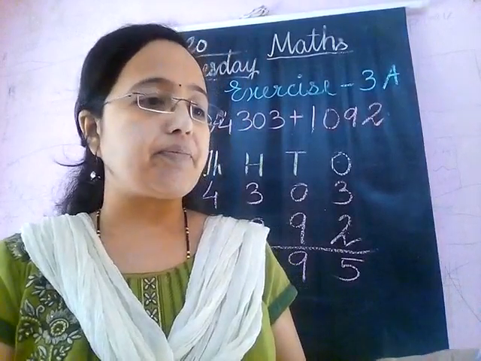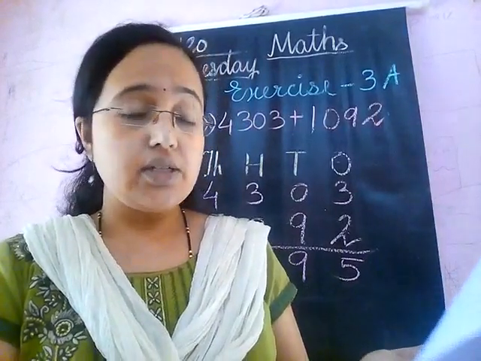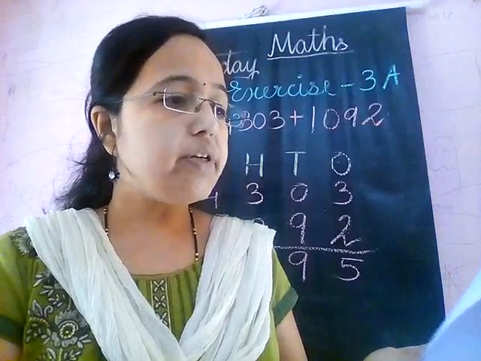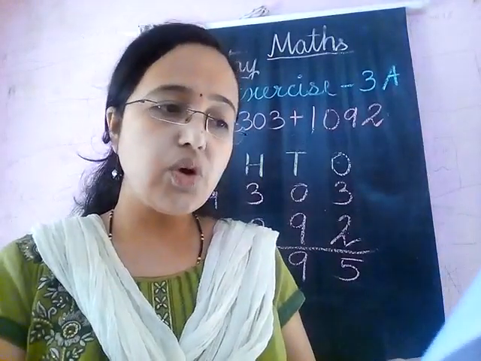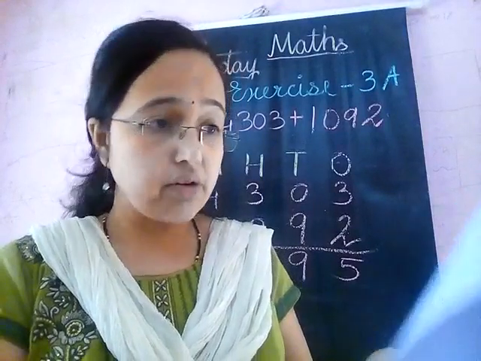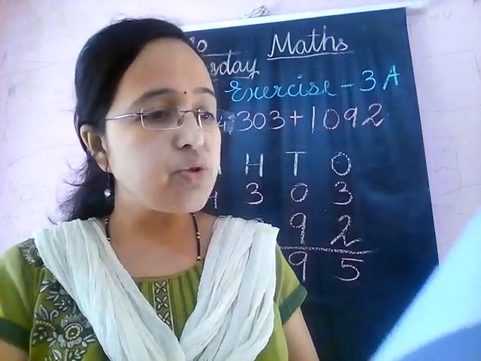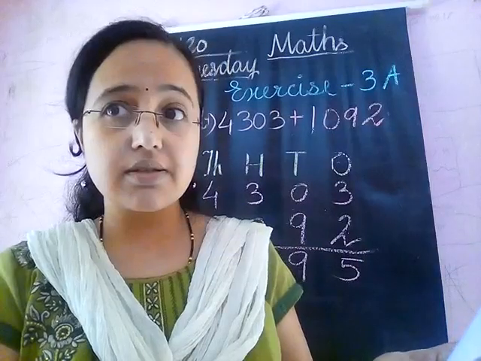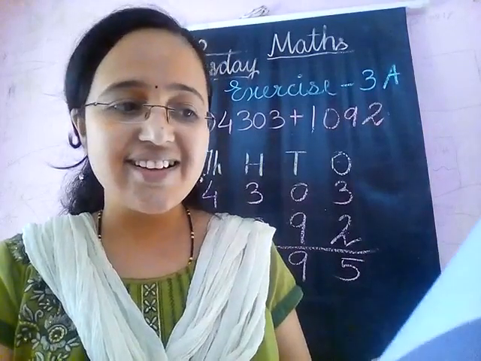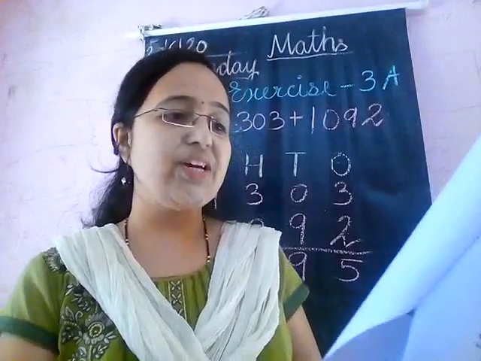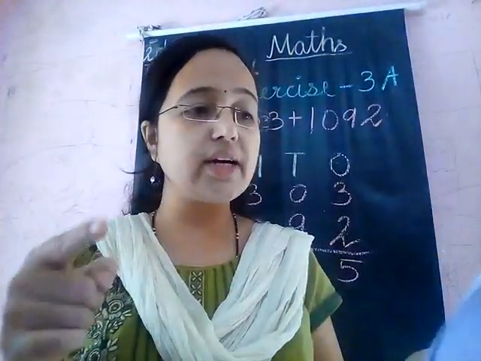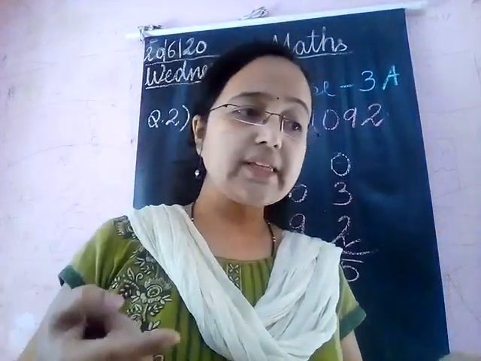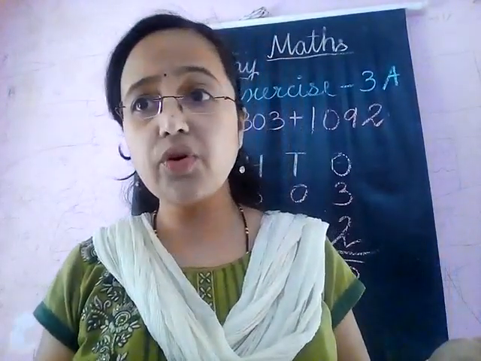Then C. See carefully and listen. 8134 plus 1213 is equal to 1213 plus 8134.